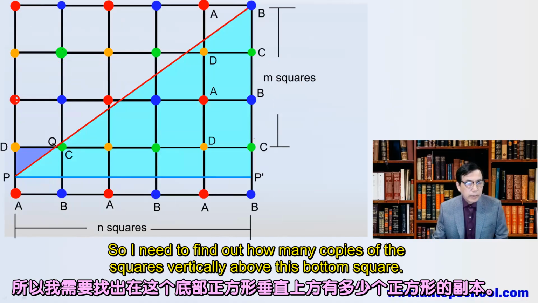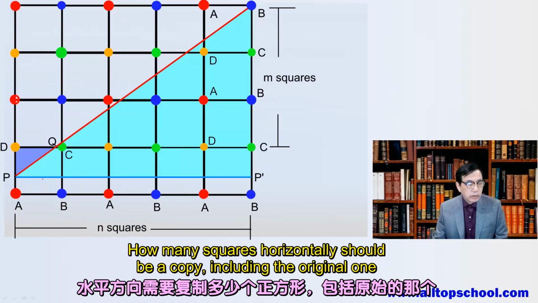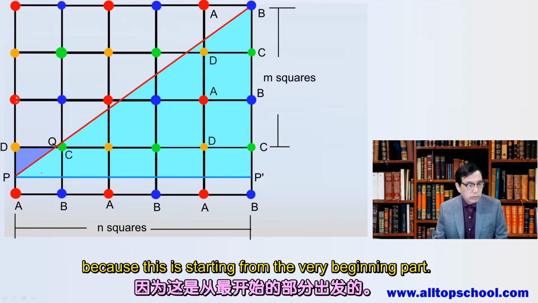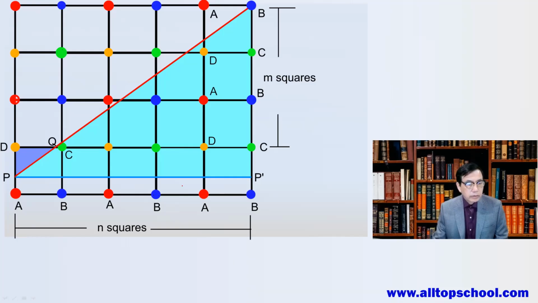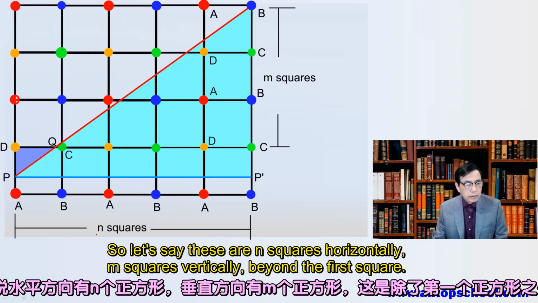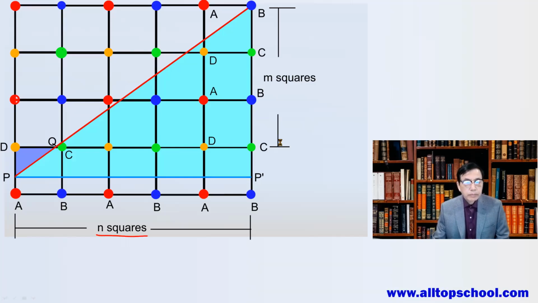I need to find how many copies of the squares there are vertically above this bottom square, and how many horizontally, including the original one. Let's say n squares horizontally, and m squares vertically beyond the first square.